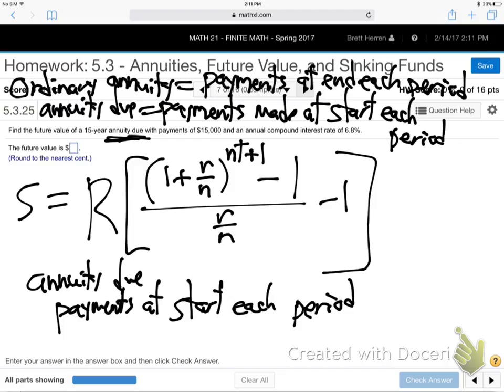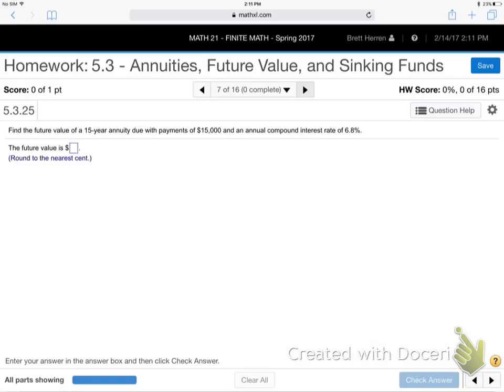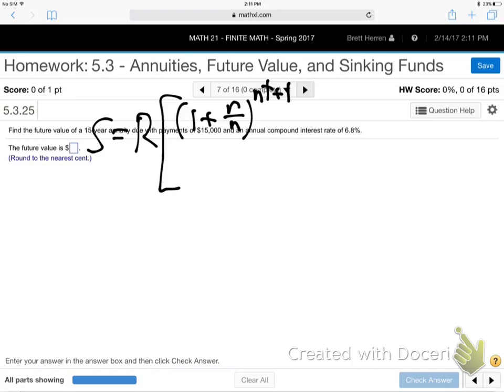Plug everything in there. So let's do it all. Let me write it on the new screen here. Paste it in. Okay, so again, it's S equals R times 1 plus R over N to the NT plus 1, minus 1, over R over N, minus 1.